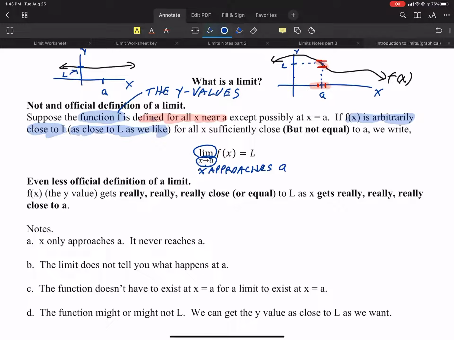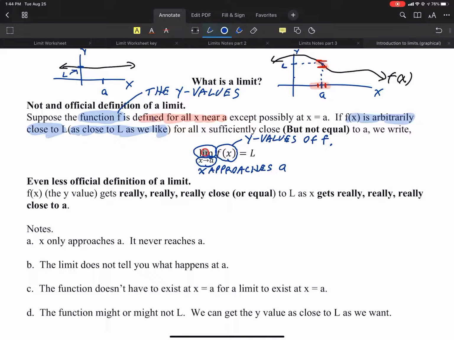So as I get closer and closer to a from both sides, f of x, this represents the y values of f, the function f, the y values. So the limit is saying, what do the y values approach?